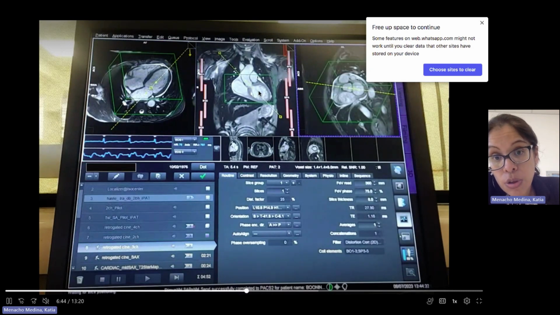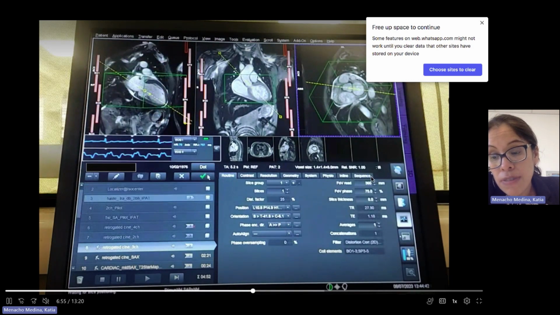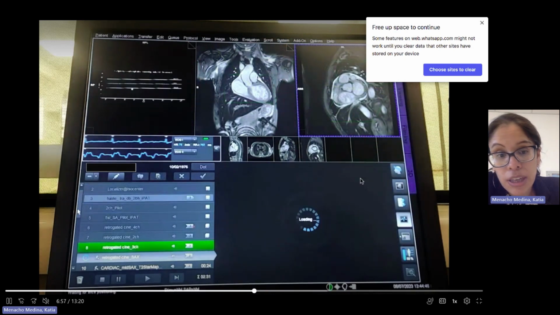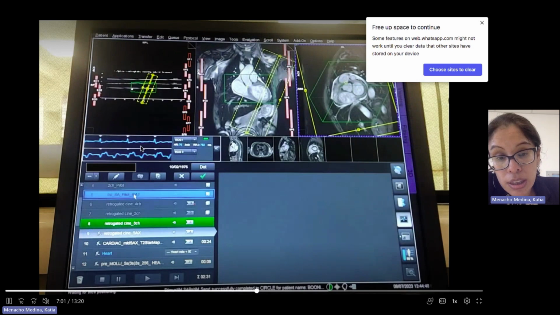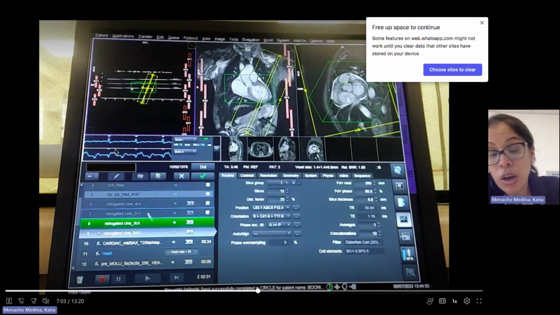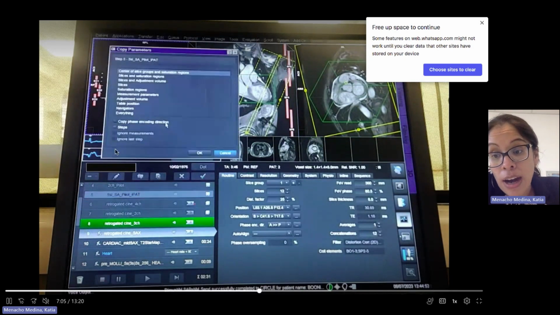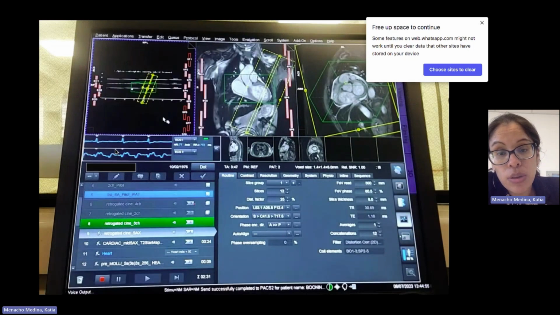You can see here in this view, localizer of the LVOT is also going through the middle of the aortic valve. The phase encoding direction for this three-chamber is anteroposterior, so that gives us a correct field of view of 360, correct ECG gating, and needs to be in this case retrospective, so that we are capturing the whole cycle, all RR intervals, and with that we are doing the three-chamber.